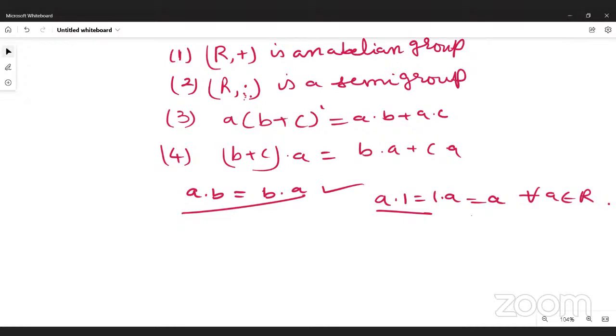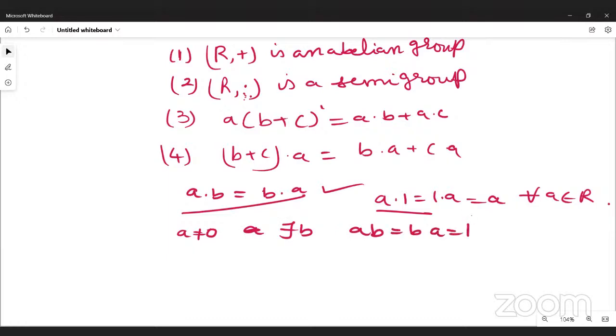So this is a commutative ring with unity. With respect to multiplication, for every a not equal to 0, if there exists b such that ab equals ba equals 1, we say that b is the multiplicative inverse of a, or a is the multiplicative inverse of b.